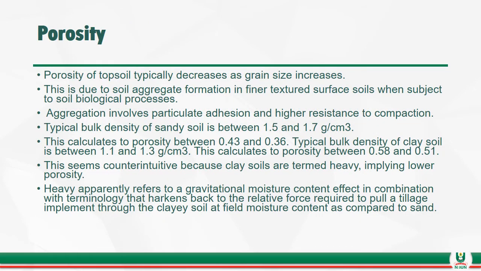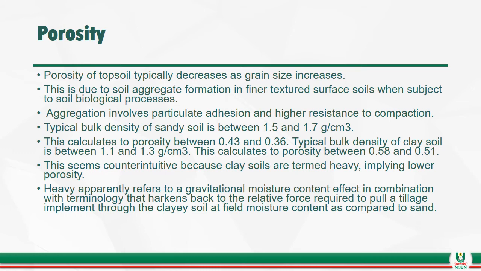Now, porosity of soil typically decreases as grain size increases. This is due to soil aggregate formation in finer texture surface soil when subject to soil biological processes. Aggregation involves particulate adhesion and higher resistance to compaction.